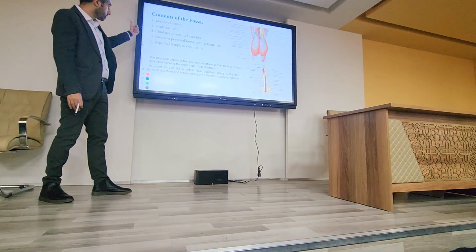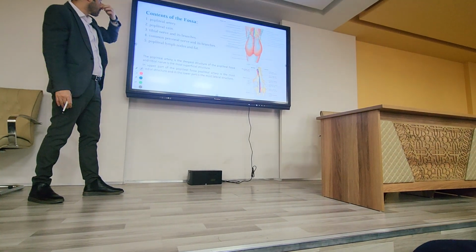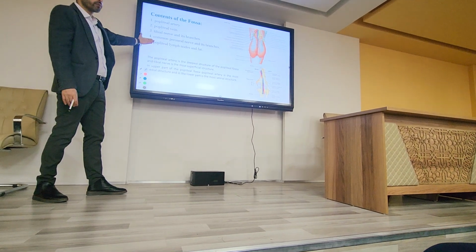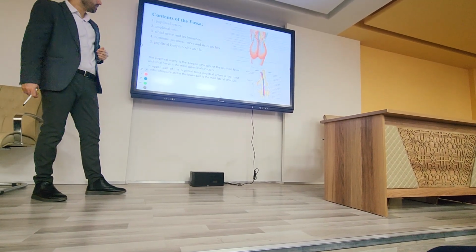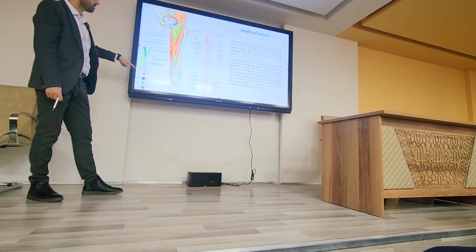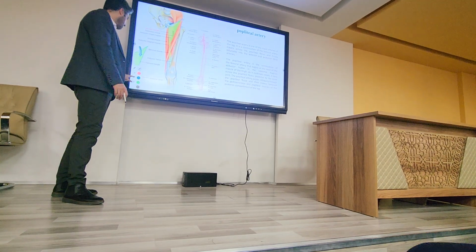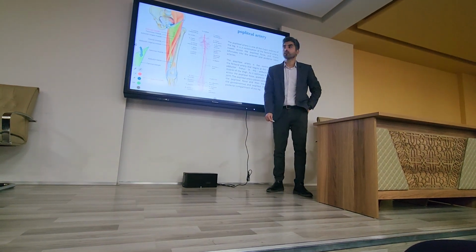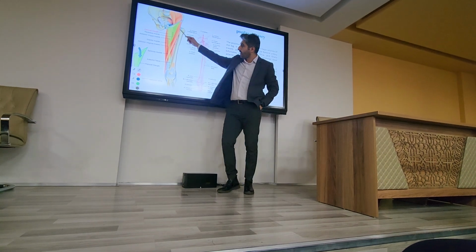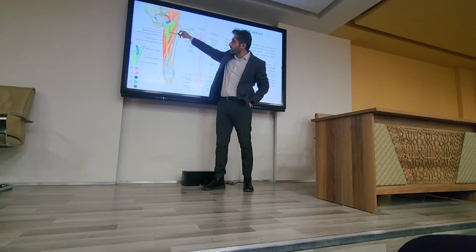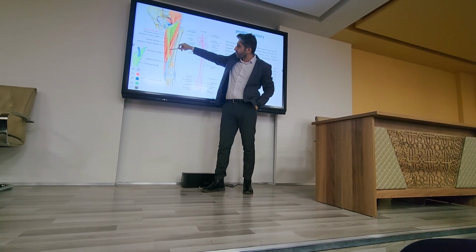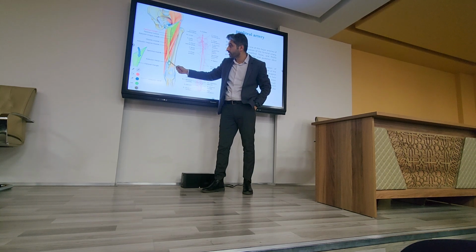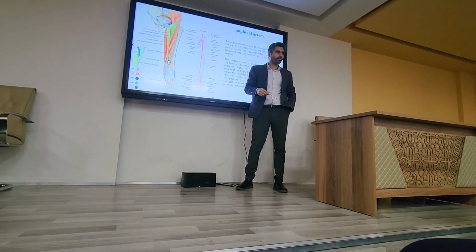Contents, I told you: popliteal artery, popliteal vein, tibial nerve, common fibular nerve, lymph nodes and fat. What is the popliteal artery? Look here, the femoral artery passes from the femoral triangle, goes to the femoral canal, passes through the adductor hiatus, then goes to the popliteal fossa.